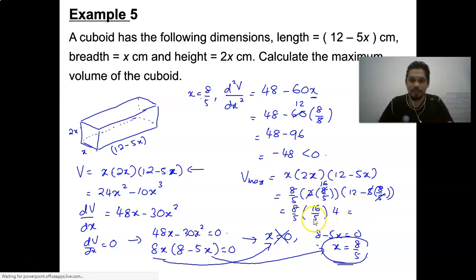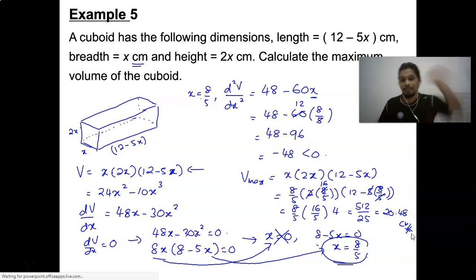Come up with this one here: 8 multiplied with 16 multiplied with 4 equals 512, divided by 5 times 5 is 25. So divide by 25 for this one here. It is almost equal to 20.48 in the unit of centimeter.